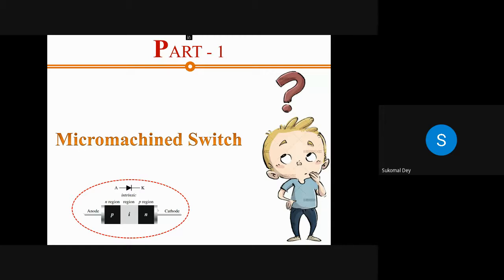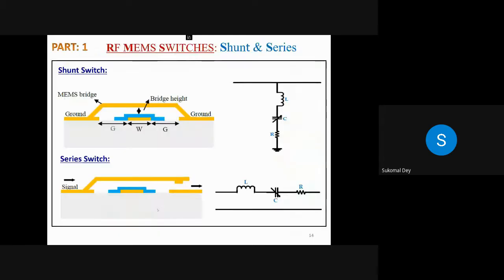Here also we are doing the same thing, but in a different way. If you look at any kind of switch, switches are broadly divided into two categories: shunt switch and series switch. To put it in the simplest way, a shunt switch is one whose main target is to ground the entire signal, and a series switch will pass the signal from input to output.